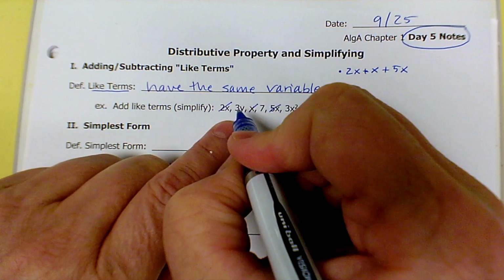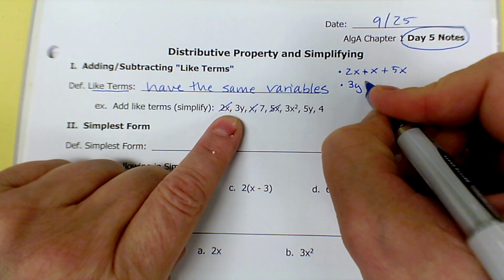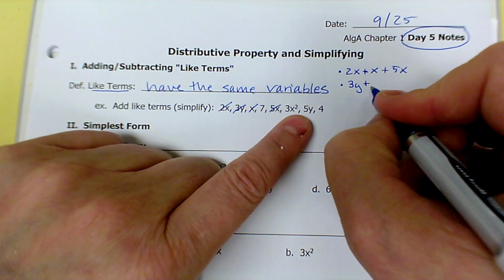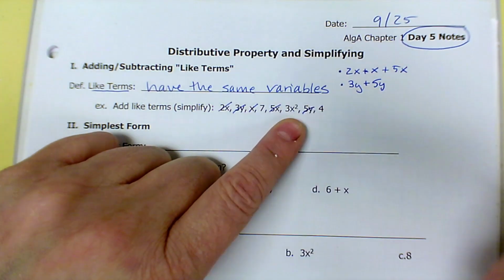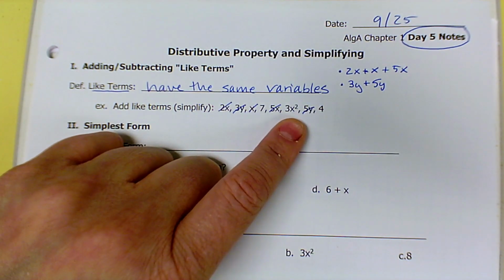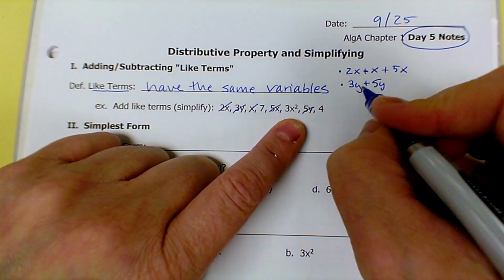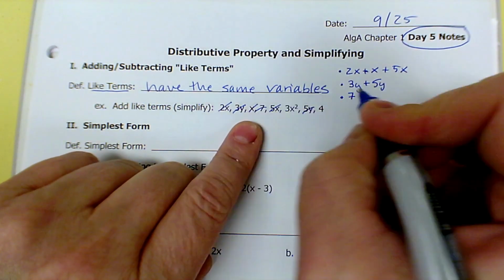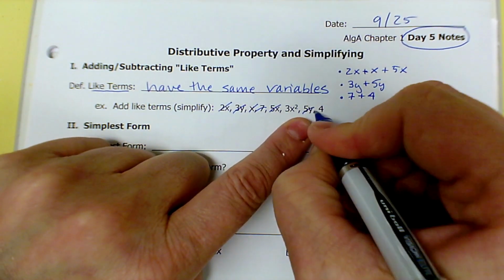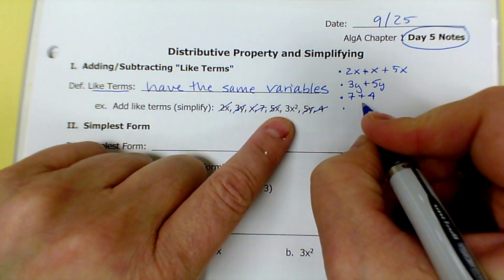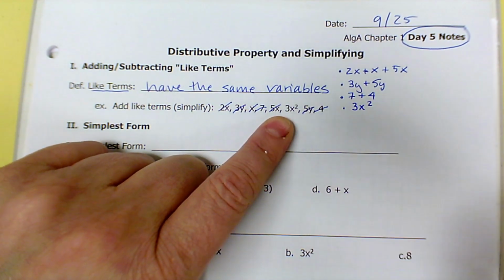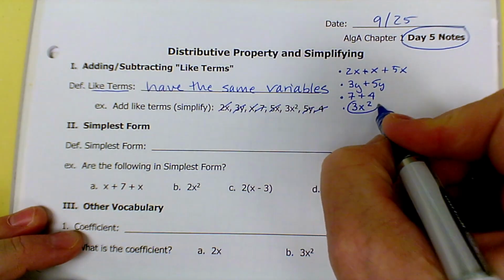Let's do the y's. I have a 3y plus a 5y. That's all the y's. Now let's do the numbers. I have a 7 plus a 4. And then that little 3x squared, it doesn't add to anything, it's just itself. So that one's already added.